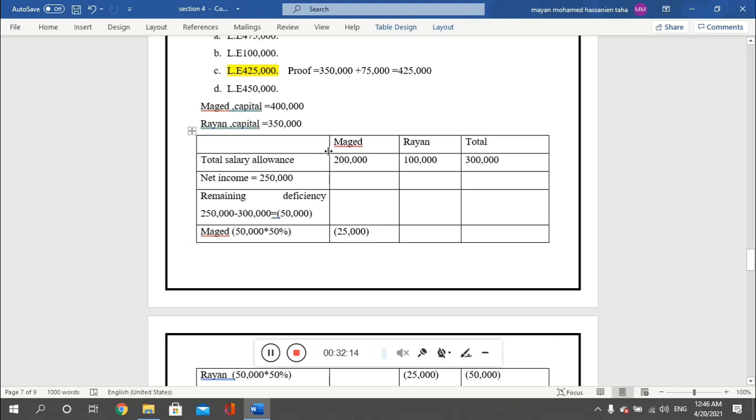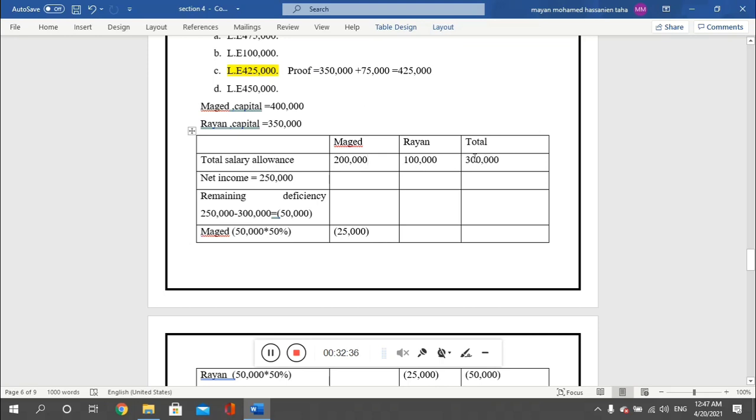So we will distribute the amount of income, 250,000 livre Egyptian, to Magid and Ryan, and he said that the remaining income is shared equally after salary allowance. The salary allowance is 200,000 for Magid and 100,000 for Ryan.